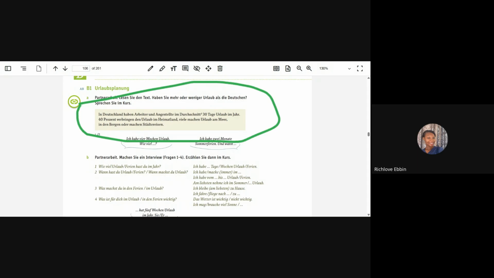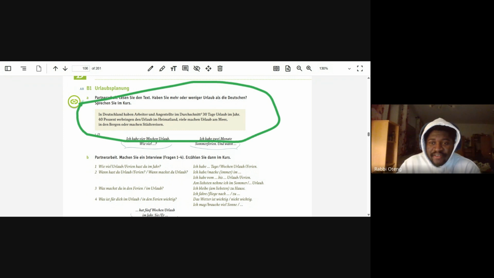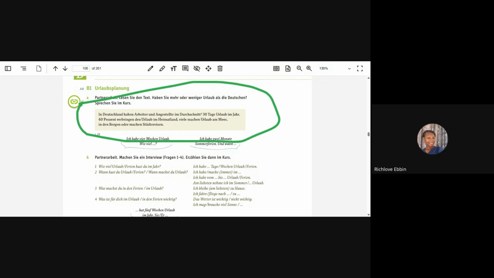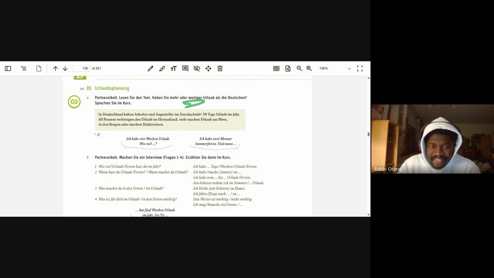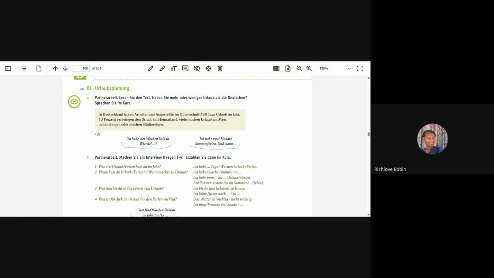In Deutschland haben Arbeiter und Angestellte im Durchschnitt 30 Tage Urlaub im Jahr. 40% verbringen den Urlaub im Heimatland.